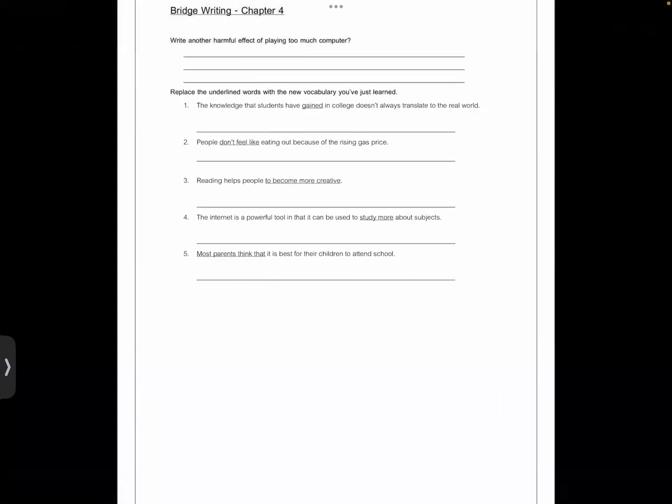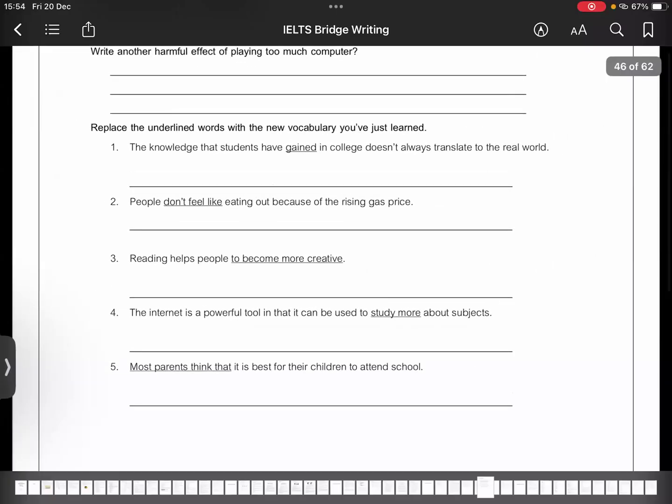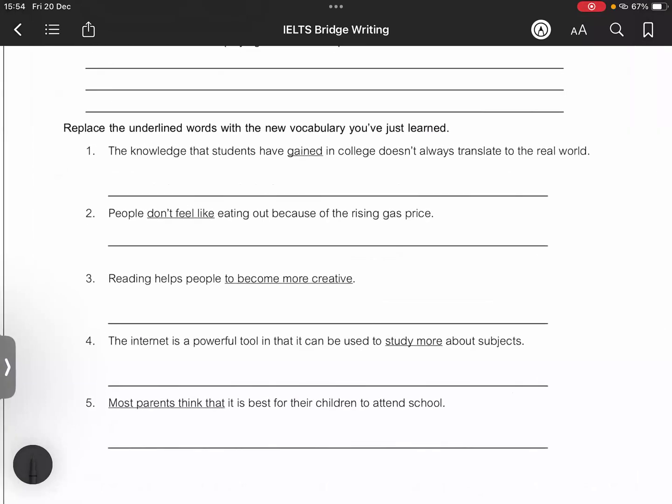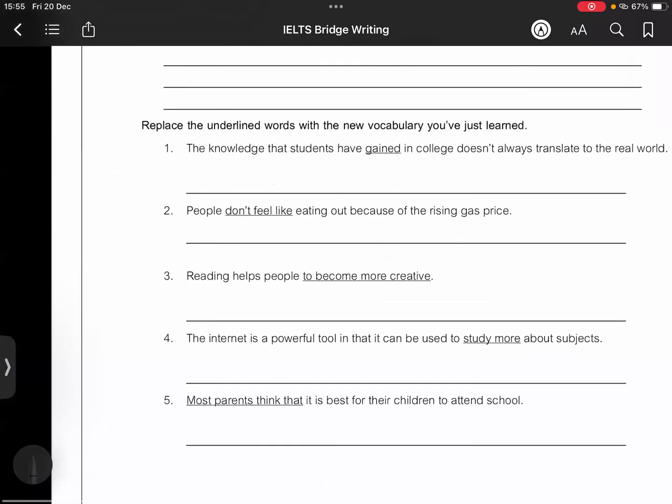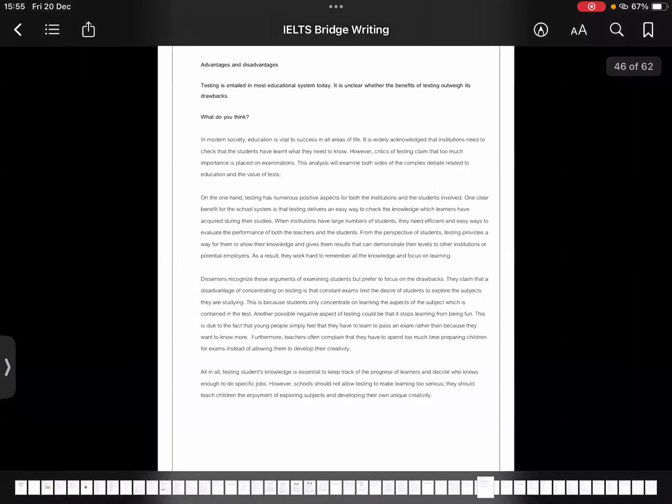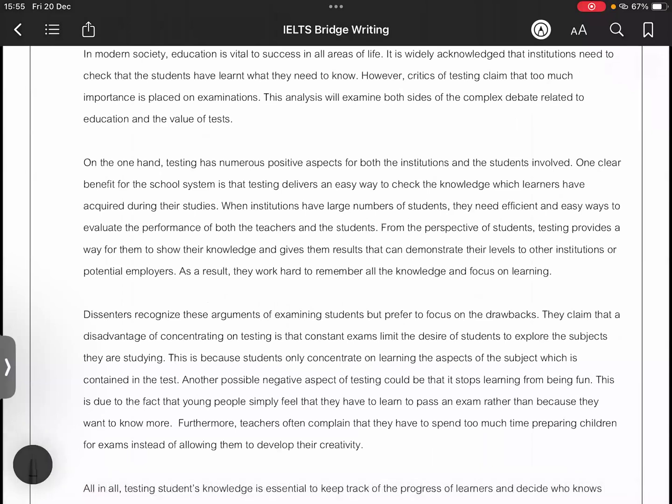So the first sentence is: the knowledge that students have gained in college does not always translate to the real world, right? So instead of gain, what other words can you use? So on the previous page, you see words like acquire, right? That's what you can use. Acquire, where is it? Here we go.